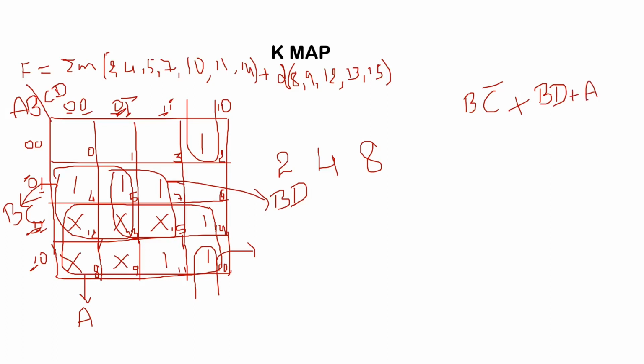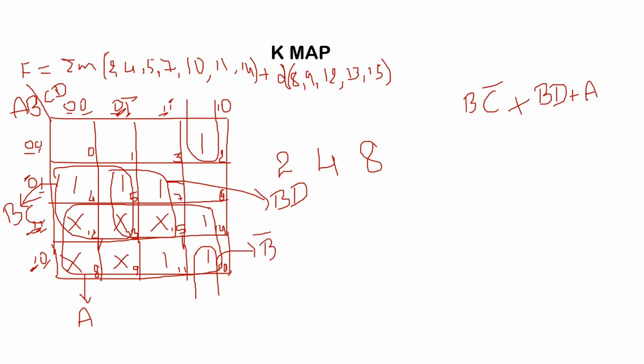And for the corner grouped ones, A value is 0 in one place and 1 in the other, so A is changing from 0 to 1, and we do not consider that. B value has remained constant at 0, so B bar.